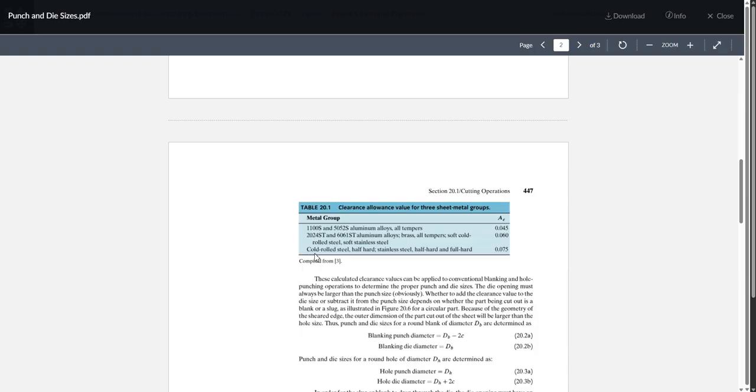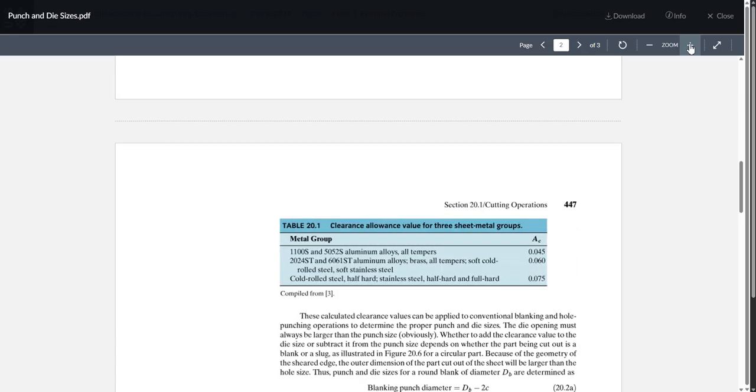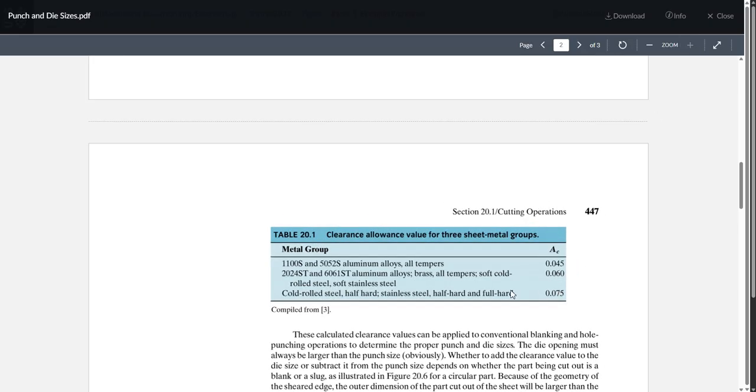Now for the cold rolled steel, half hard, and stainless steel, half hard and full hard, the value of the AC, or the clearance allowance, is going to be increased to 0.075.